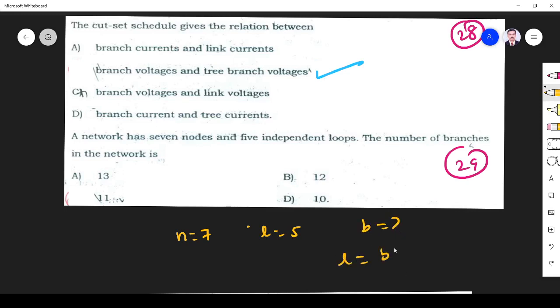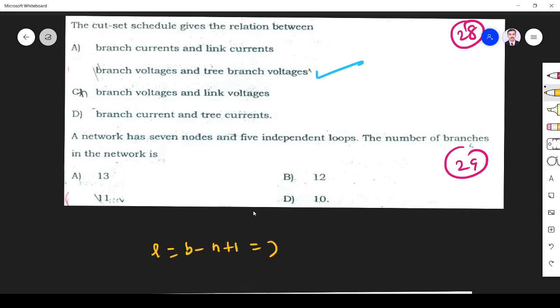Sorry, here L is equal to B minus N plus 1.